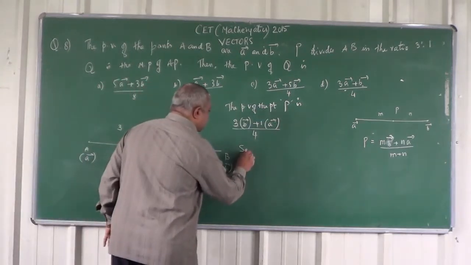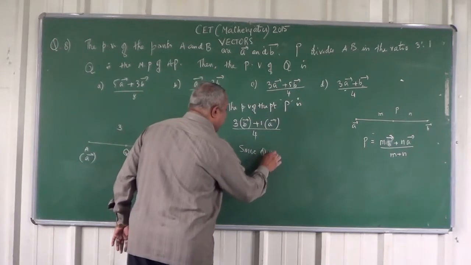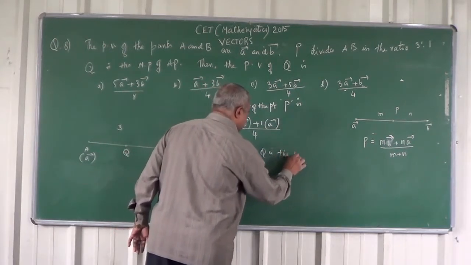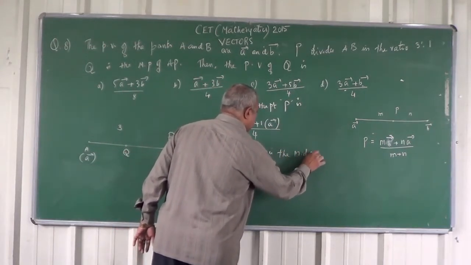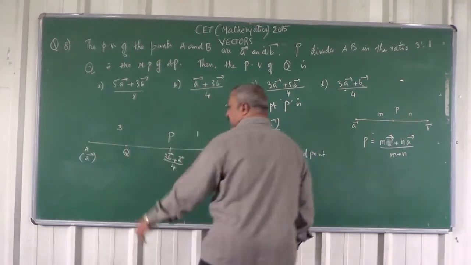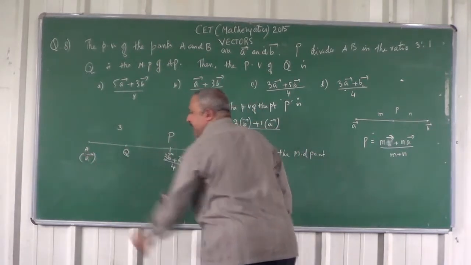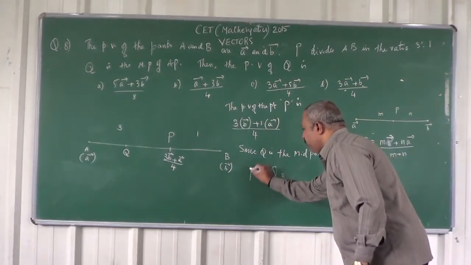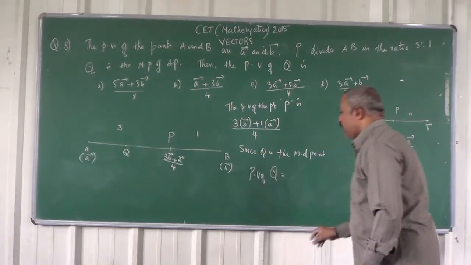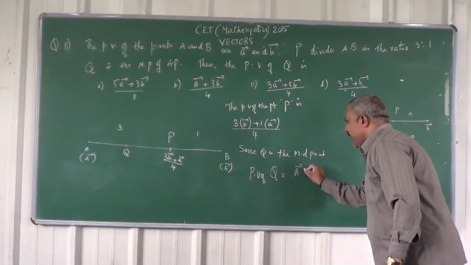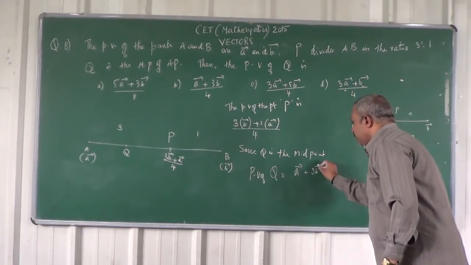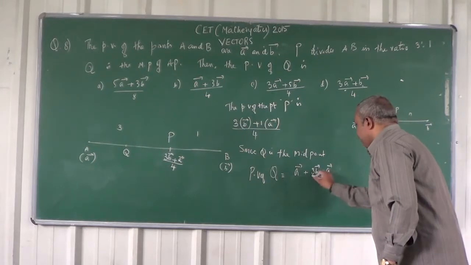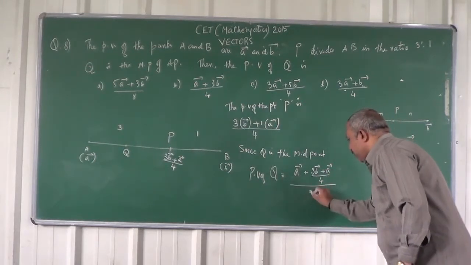Now since Q is the midpoint, the position vector of point A is vector A. So the position vector of Q is vector A plus (3B vector plus A vector by 4), whole divided by 2.